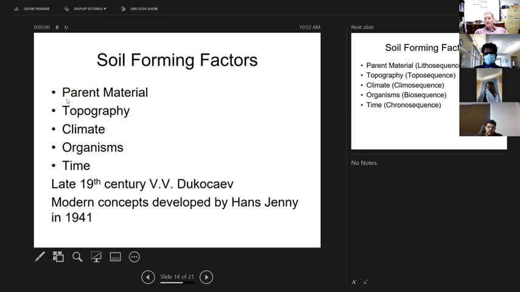And we can make the inference that if our parent materials are the same, our soils are going to weather similarly. Now, if we were to compare something like a basalt to a sandstone, obviously those are very different parent materials. They're going to weather at very different rates, okay?